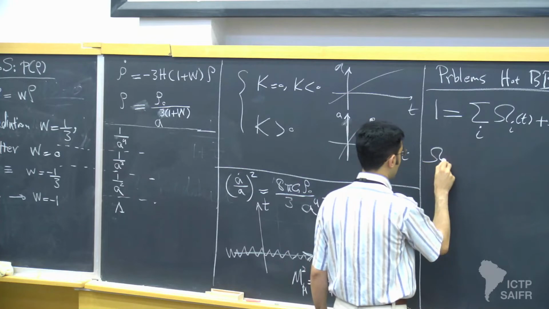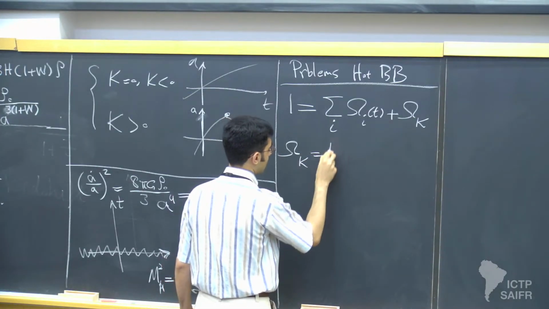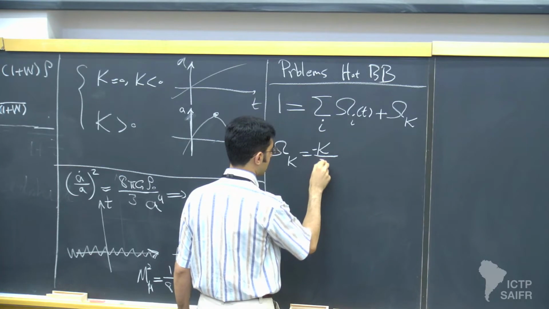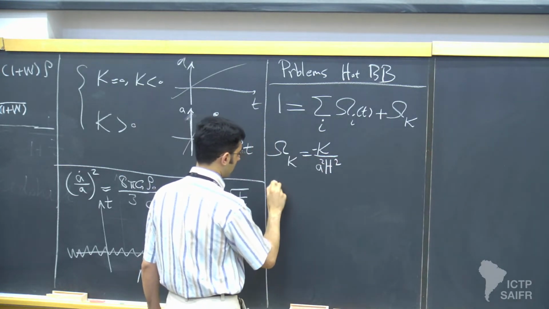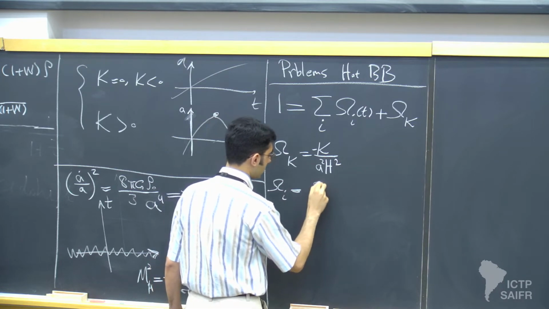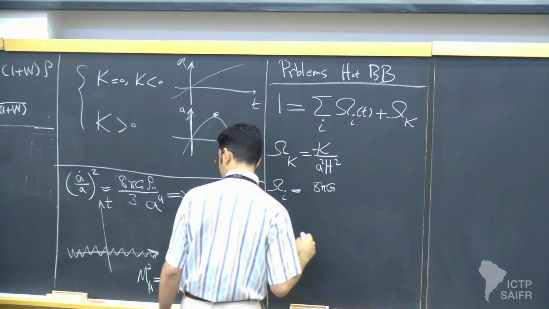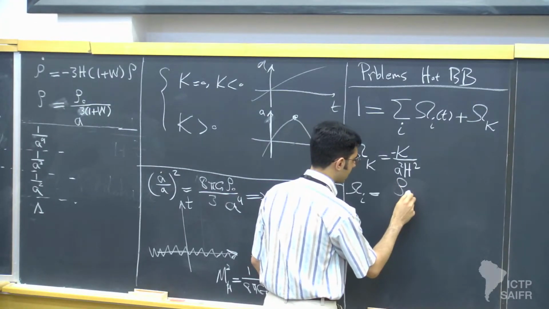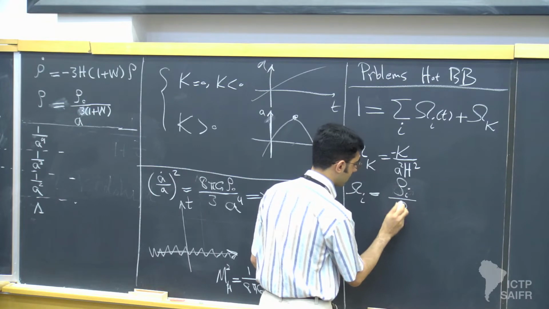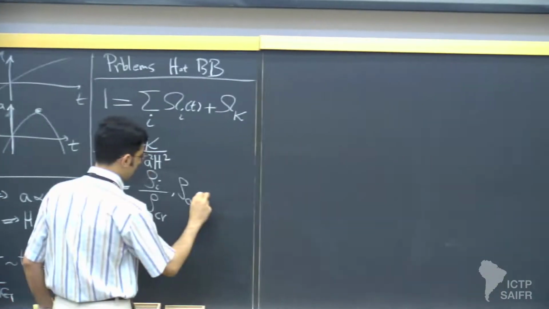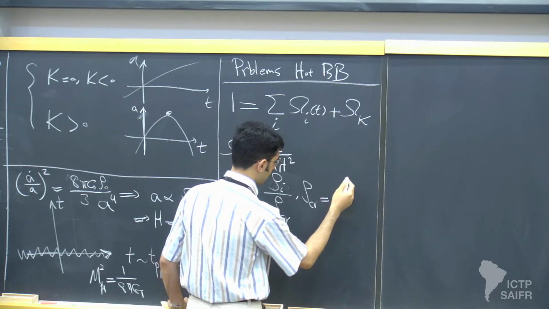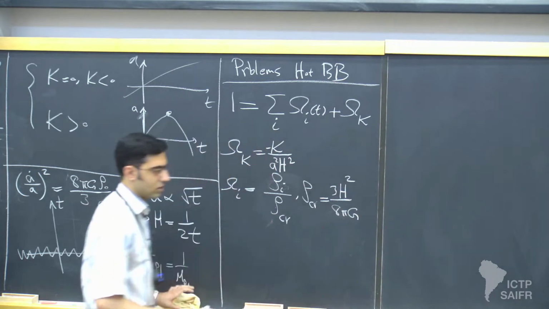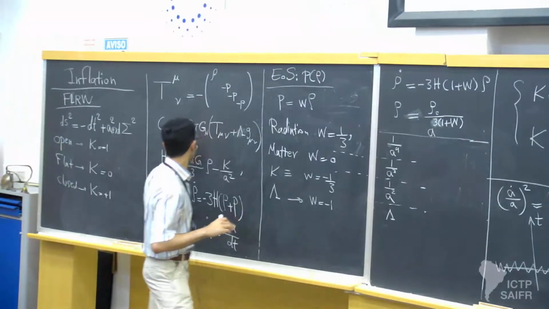So what is Omega? Omega_k is just minus k divided by H squared, and Omega_i is defined for different components as rho_i divided by rho critical, and rho critical is 3H squared divided by 8 pi G. So it's the rho that would fully saturate this equation.